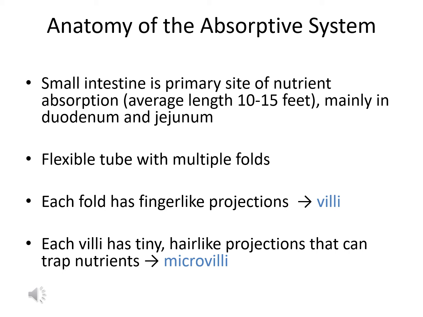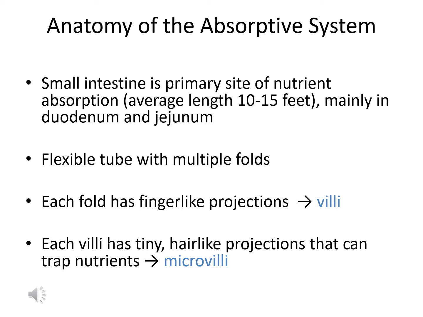But if you consider that the entire length of the GI tract is about 20 to 26 feet, you could see where the small intestine, in some cases, can make up about 50% of the entire GI tract itself. So just think about how much surface area that is, which can help to explain why there's so much absorption that takes place. But it's really the anatomy of the small intestine which comes into play.